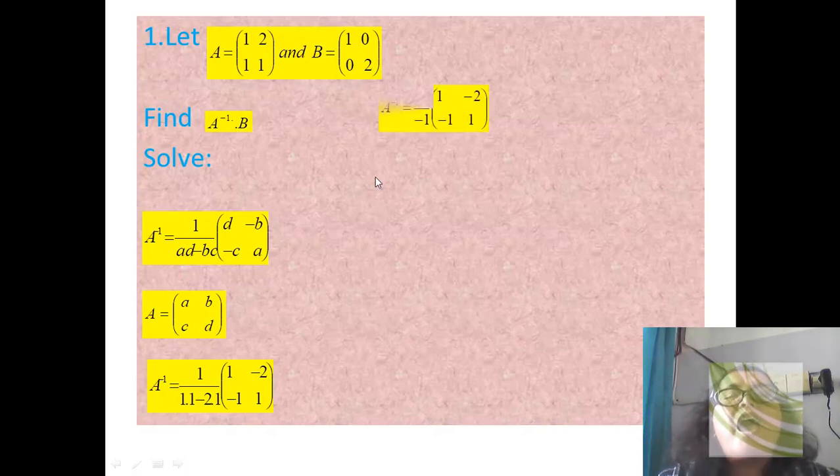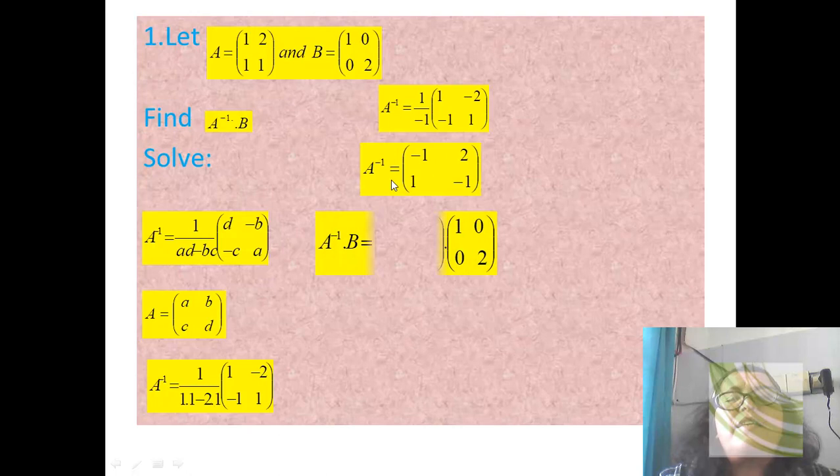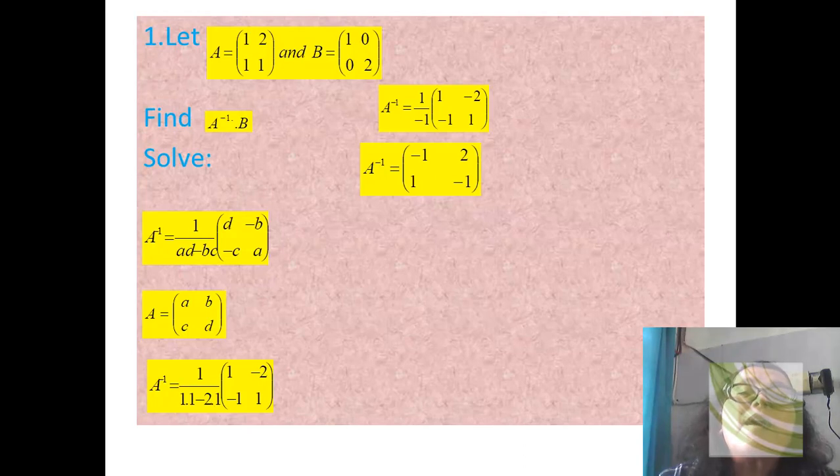So A inverse equals 1 divided by (1 minus 2), which is minus 1, times the matrix 1, minus 2, minus 1, 1. Minus times minus becomes positive, and positive times negative becomes negative.